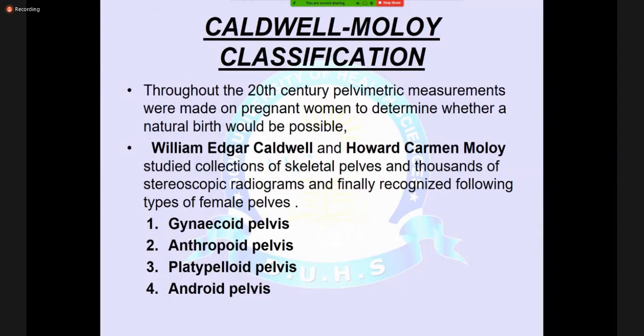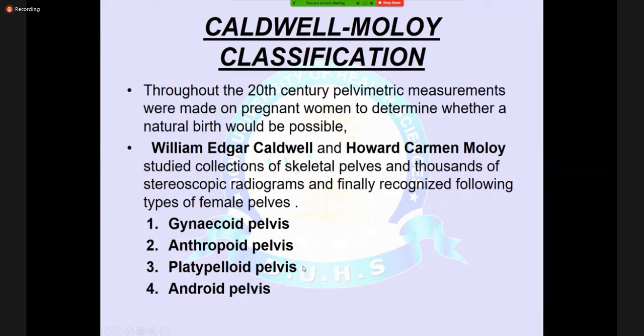So the pelvimetric measurements made on pregnant women by Caldwell and Moloy, who studied several thousands of skeletons and stereoscopic radiographs, finally found that the pelvis can be divided into these 4 types: the gynecoid pelvis, the anthropoid, the platypelloid, and the android pelvis.